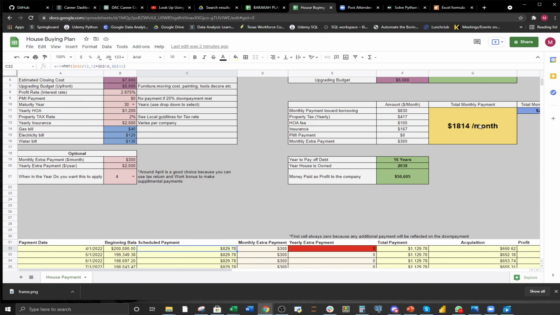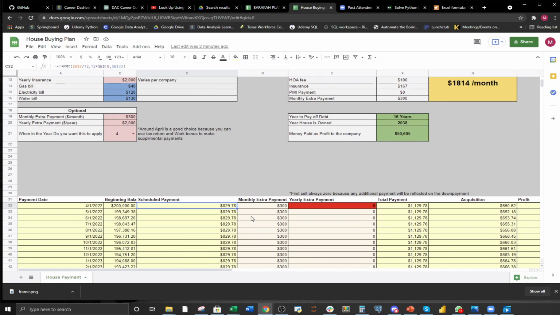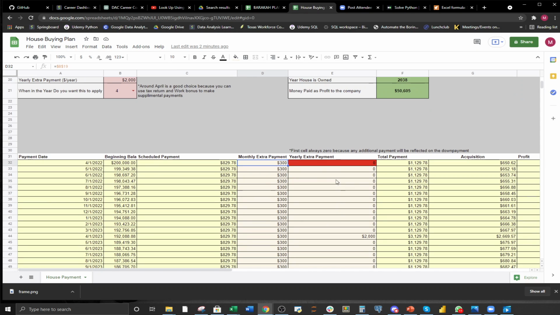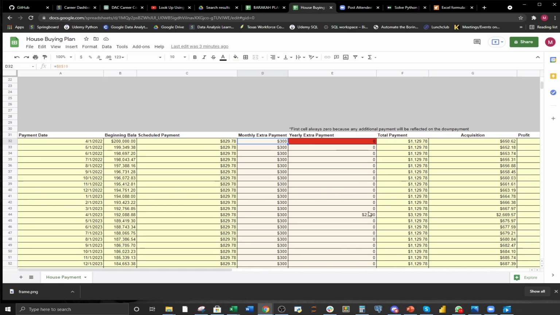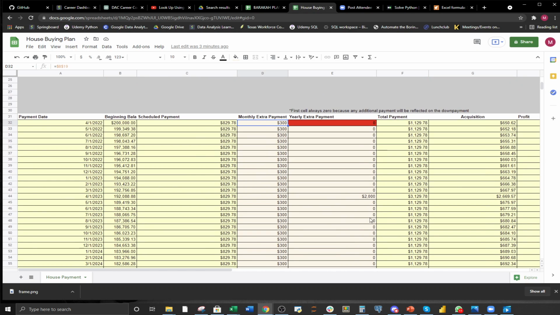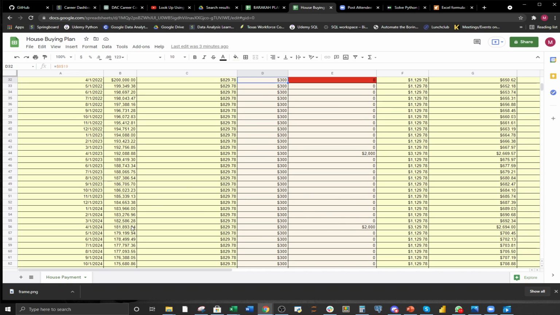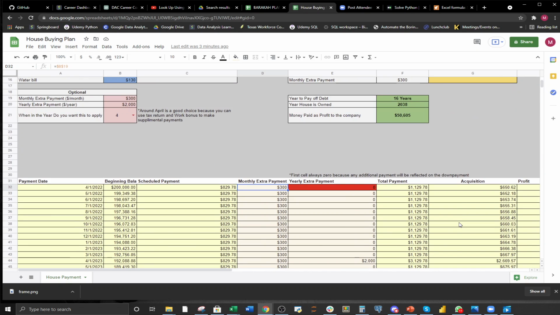I'm not showing any of these. That's only here. And then the monthly extra payment, whatever you put here, will automatically be populated here. And whatever you put here and here, if you put 4, it's always going to be at the 4, which is the April of each year that it's going to be applied.